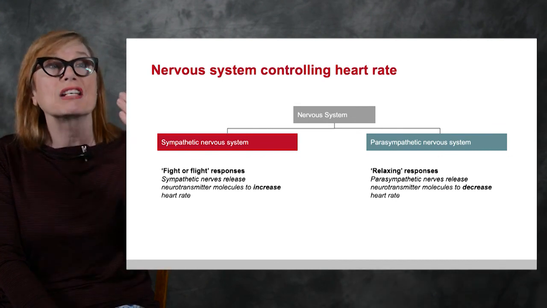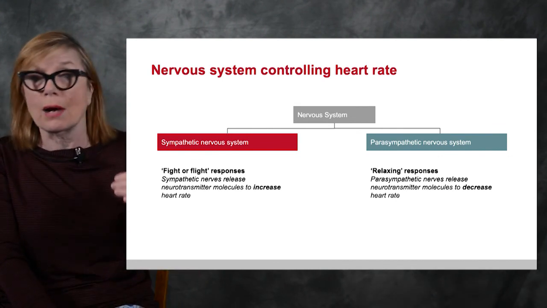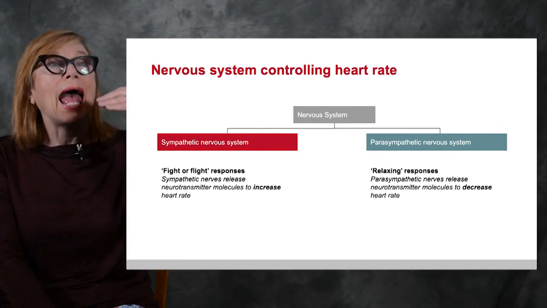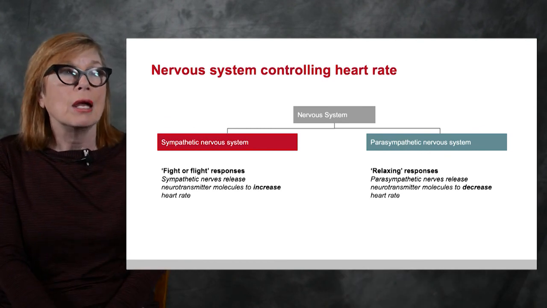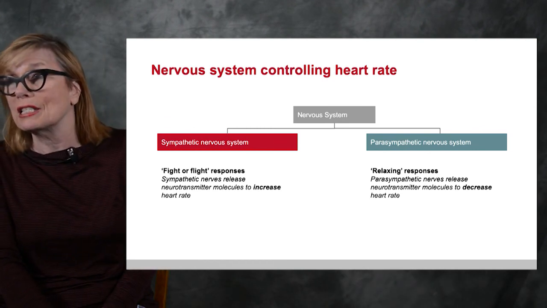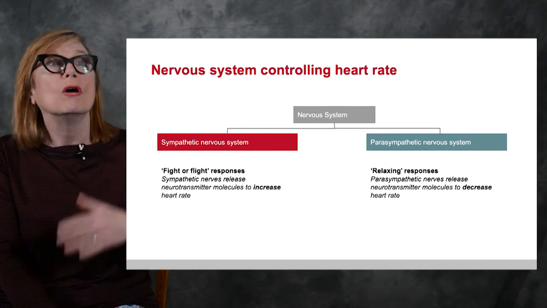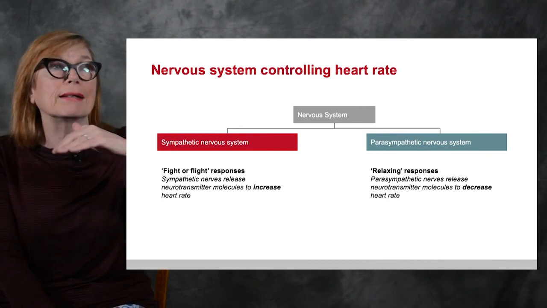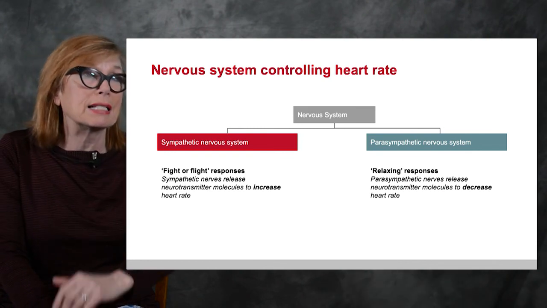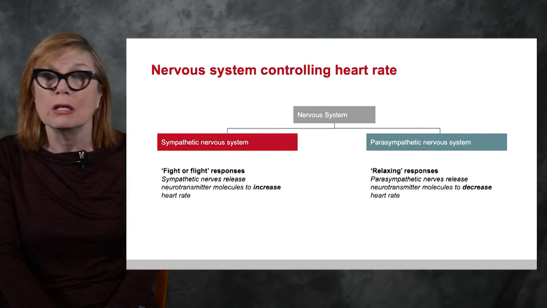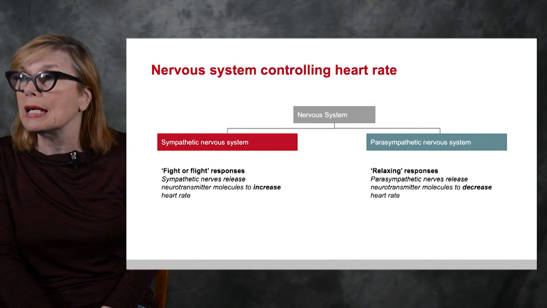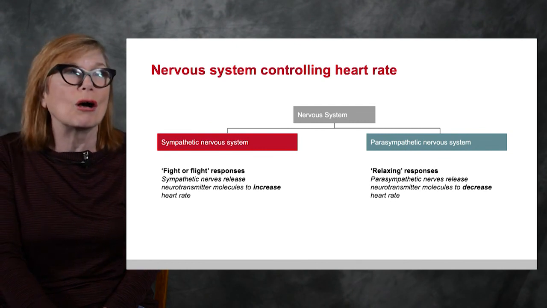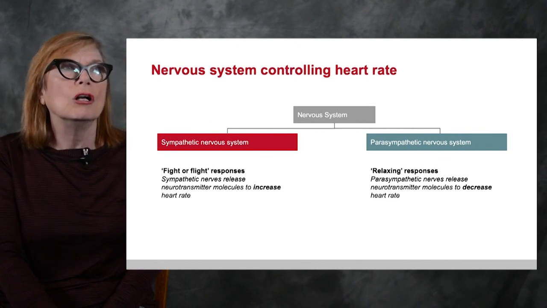So we think about this as it controls the heart rate, also as it controls contractility, and as it affects our arteries. The other half of the nervous system, of course, is the parasympathetic nervous system, which is a relaxation response, decreasing heart rate, decreasing contractility, and decreasing conduction through the AV junction. Parasympathetic stimulation is transported by the neurotransmitter acetylcholine.